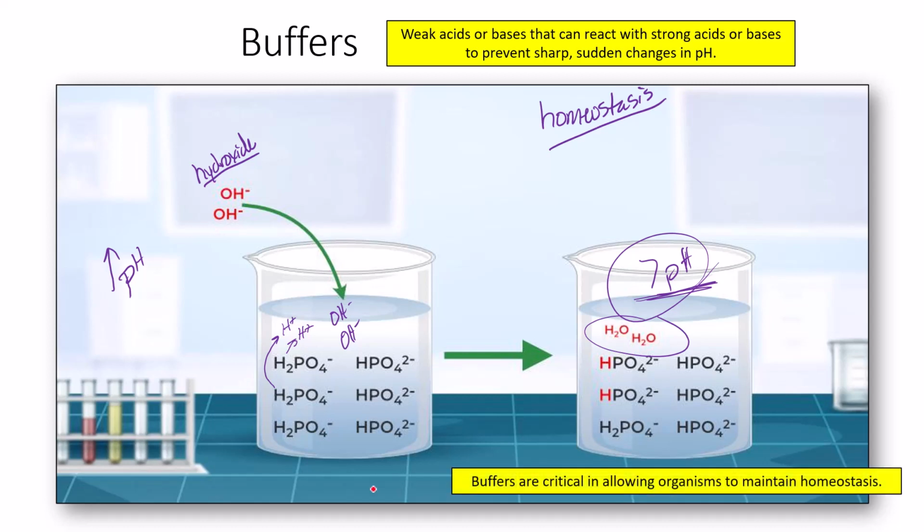Buffers are critical in allowing organisms to maintain homeostasis. Homeostasis, like I said, is the maintenance of a constant internal condition. It would be really, really bad for our blood, for instance, which is a solvent or a solution in our body that needs to withstand large changes in pH, because we want to maintain stability in our blood pH.